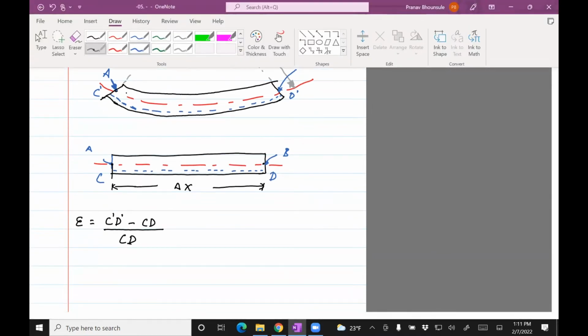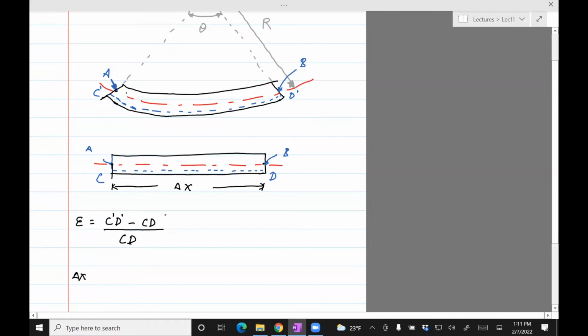So what we notice is that delta x is the length of CD, but also the length of AB, which I've shown here as well as here. It's the same length.